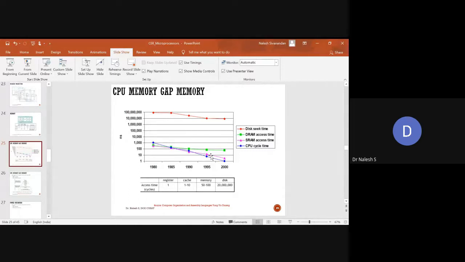So if you are using DRAM, you fetch the data. For example, in one generation, you take say 100 cycles to fetch the data. Now you move to the next generation, in which case your cycle time becomes half.